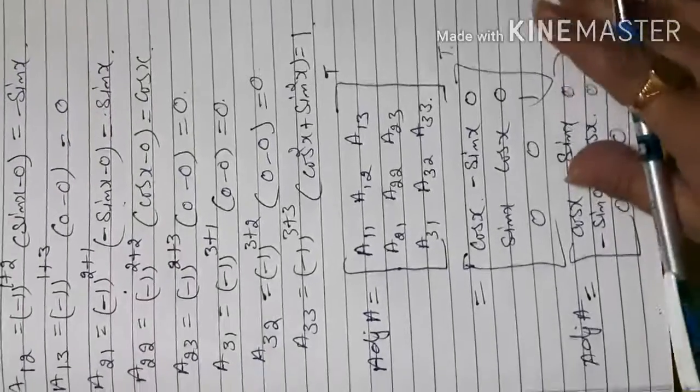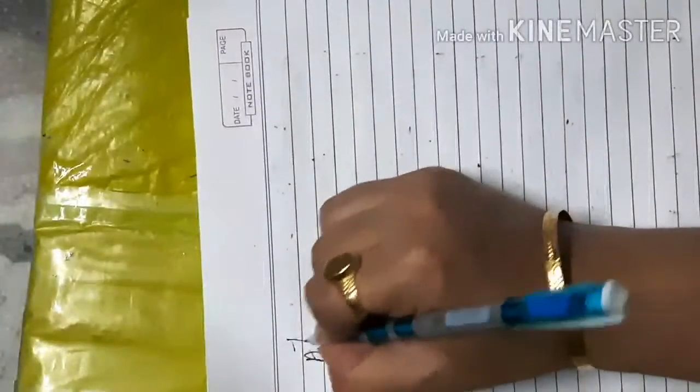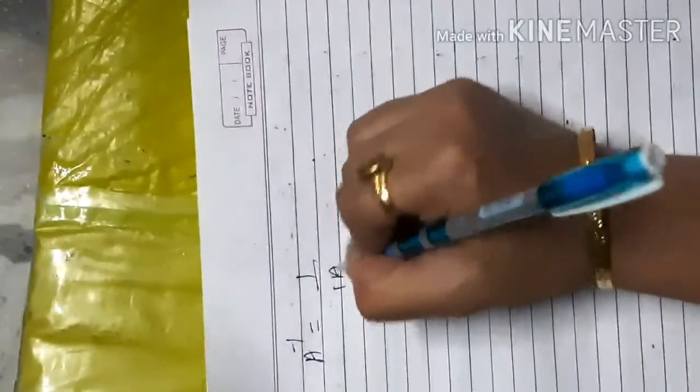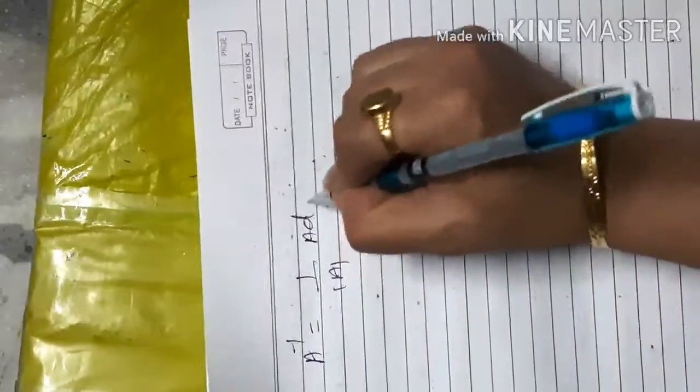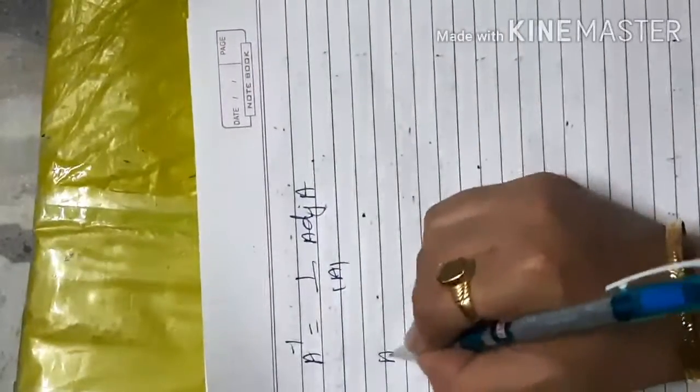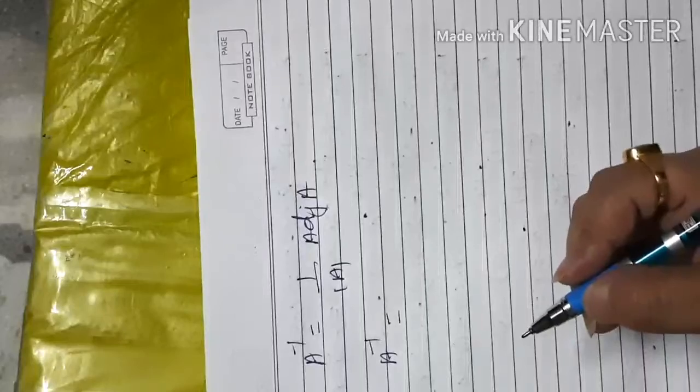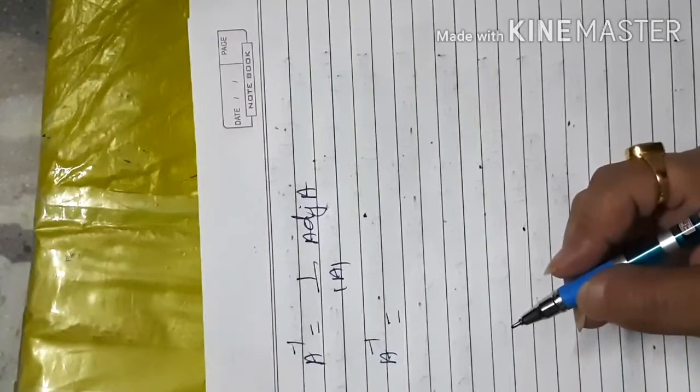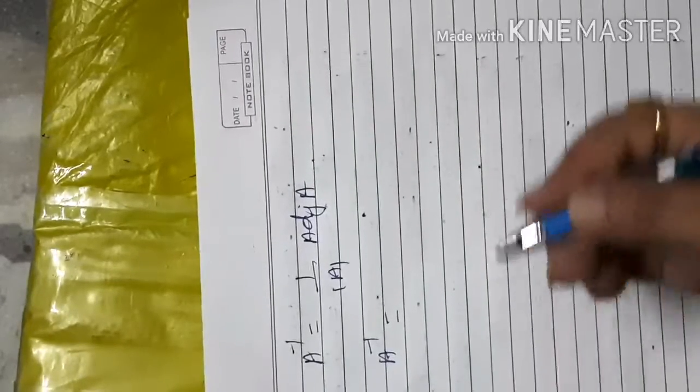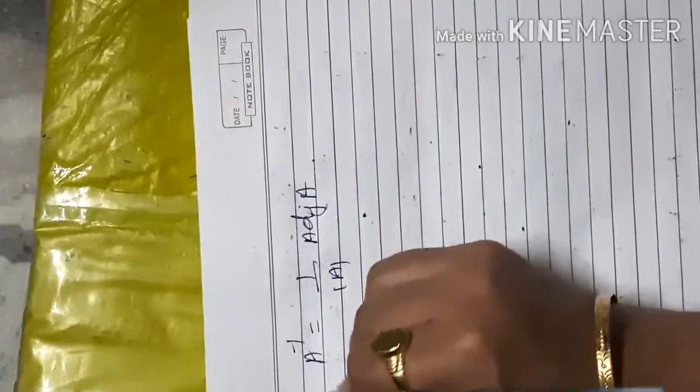But now next, you have to find the A inverse, that is f(x) inverse. So now go with A inverse, that is 1 upon determinant A times adjoint A. When we go with this, our determinant A value we already found is 1, so that is the same as your f(x) inverse.